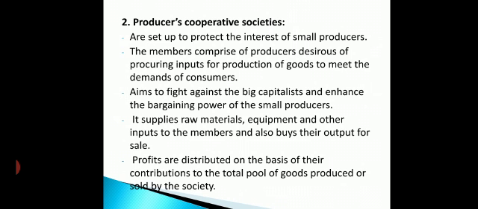Now, small orders of inputs or raw material are placed together with the vendors or suppliers, and then they will have good bargaining power as compared with the large manufacturing industry. So this is one of the important advantages for the producers. That is why producers cooperative societies are established.